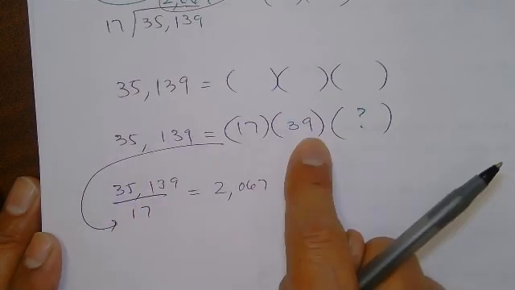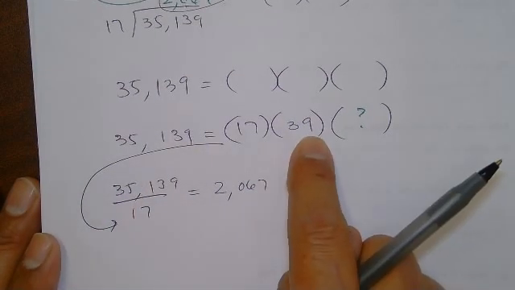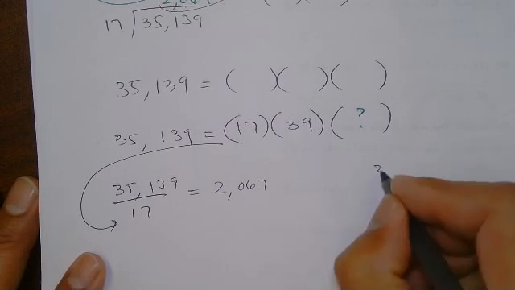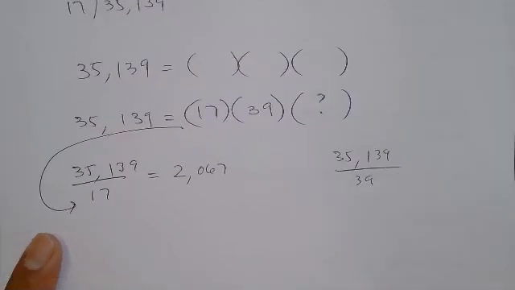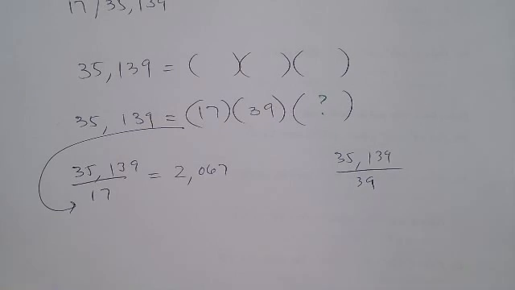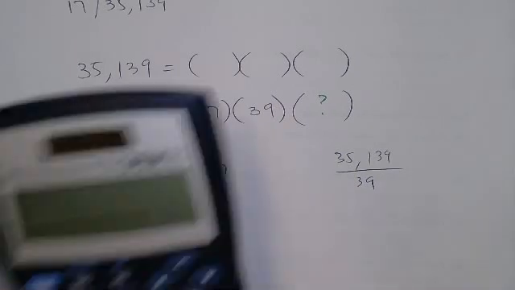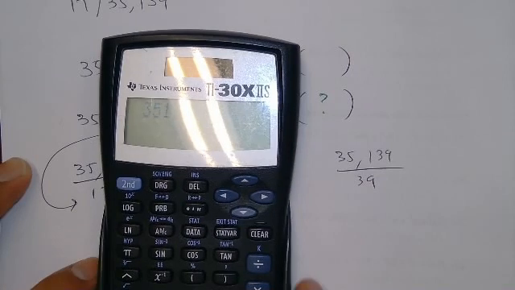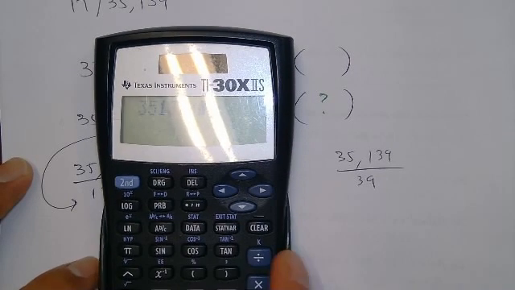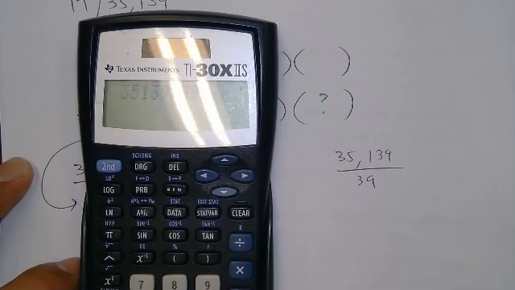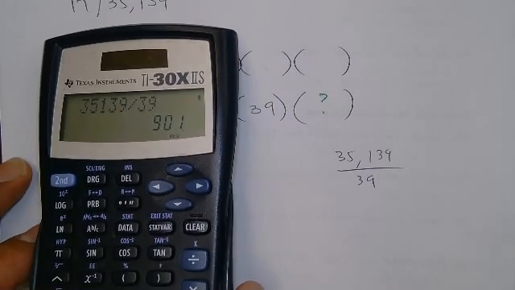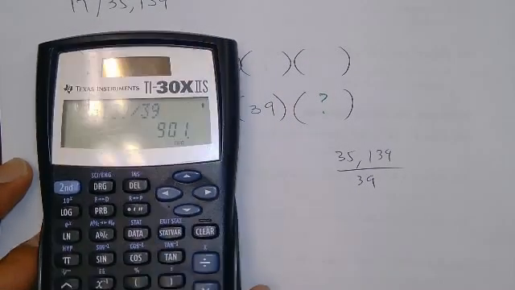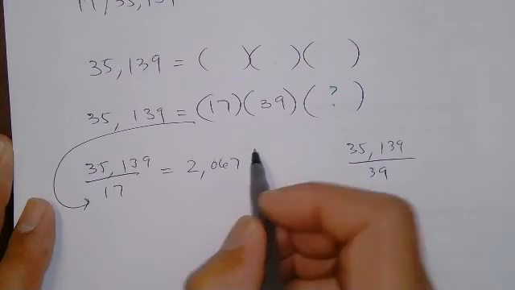Do I now divide this by 39? No. If you do 35,139 divided by 39, I don't know what it's going to give you. It's going to give you just another big number that you're still going to be like, well, I don't know what the last factor is.